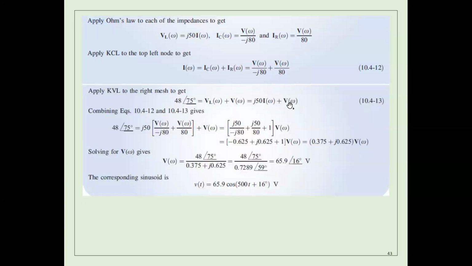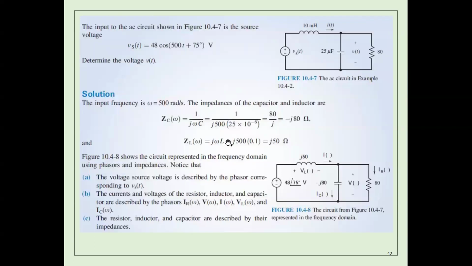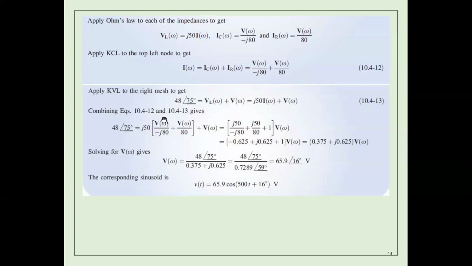Now, all he did here was try to have an equation that has only one unknown, which is VW. Now I'm going to replace the total I with this part here, so that this equation has only VW.